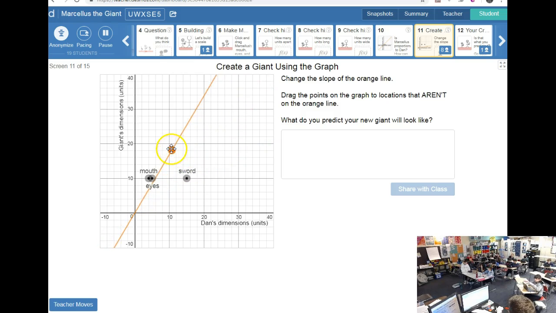And likewise, if I put this point up here to 20 compared to 10, now the giant is 2 times as tall as Dan. So depending on this slope of this line, that's really going to change how stuff looks. The more vertical I get, the bigger the giant is compared to Dan, right? The more horizontal I get, Dan is bigger compared to the giant.